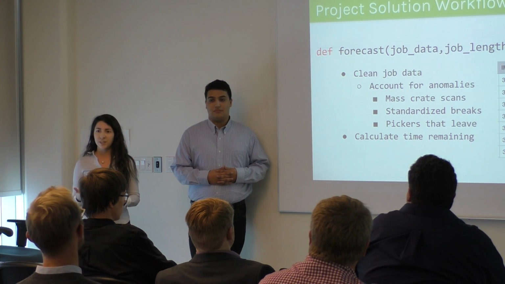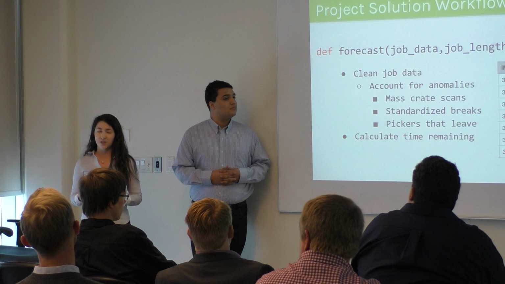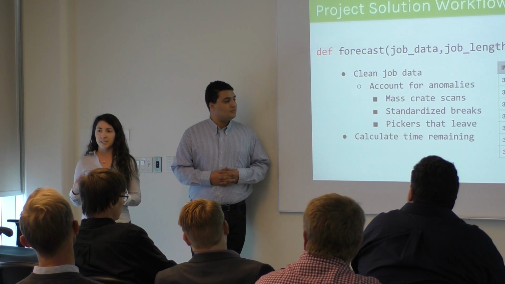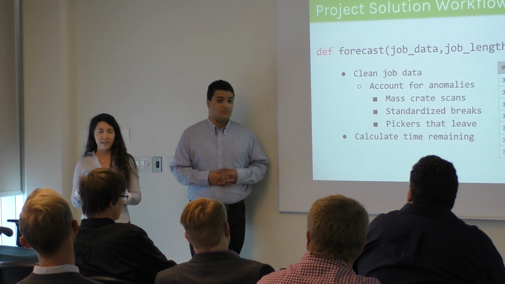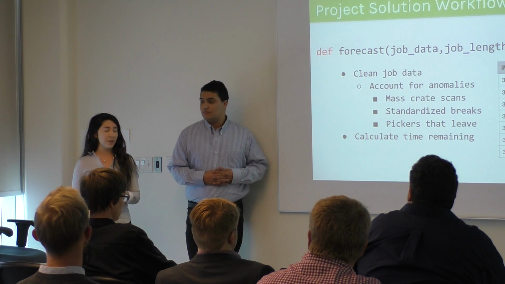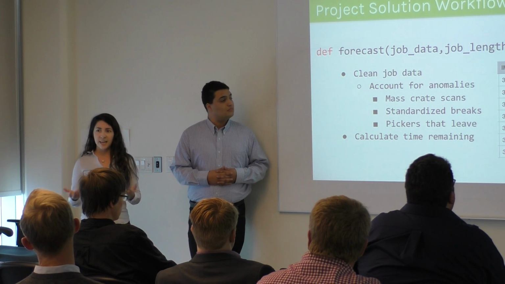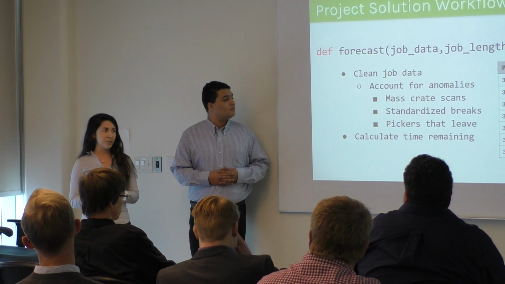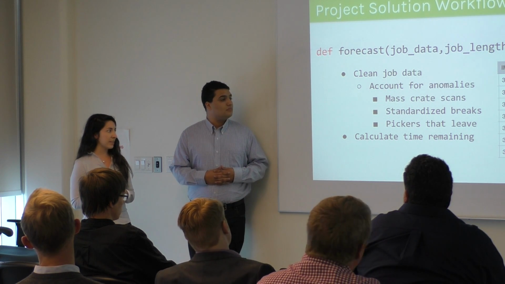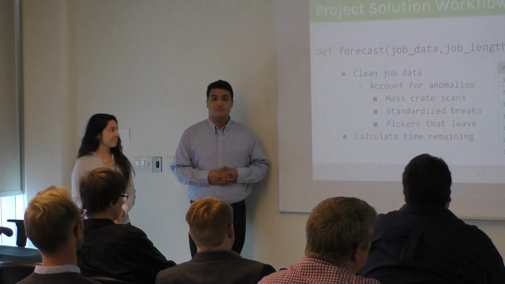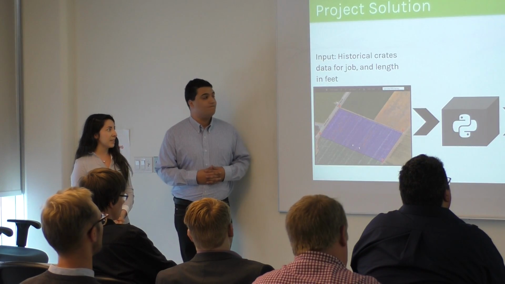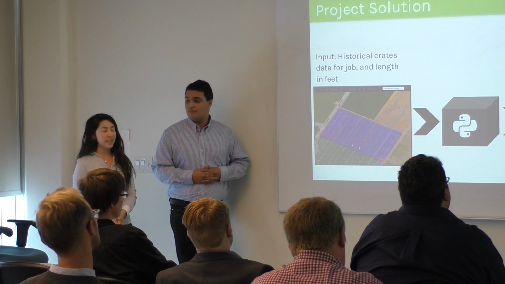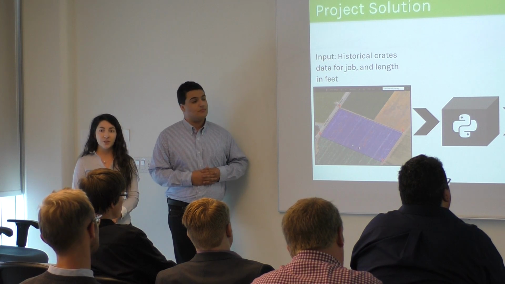We also wanted to make sure that we didn't let the standardized breaks influence the prediction, and we also wanted to account for pickers that left. Then after we had a working data set, we were able to train our model to calculate the time remaining. And this is a potential way that Food Origins can integrate our module into their application.